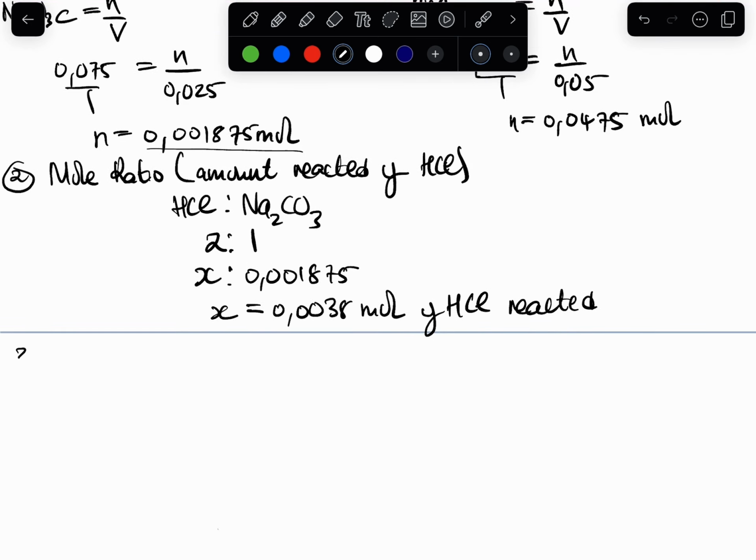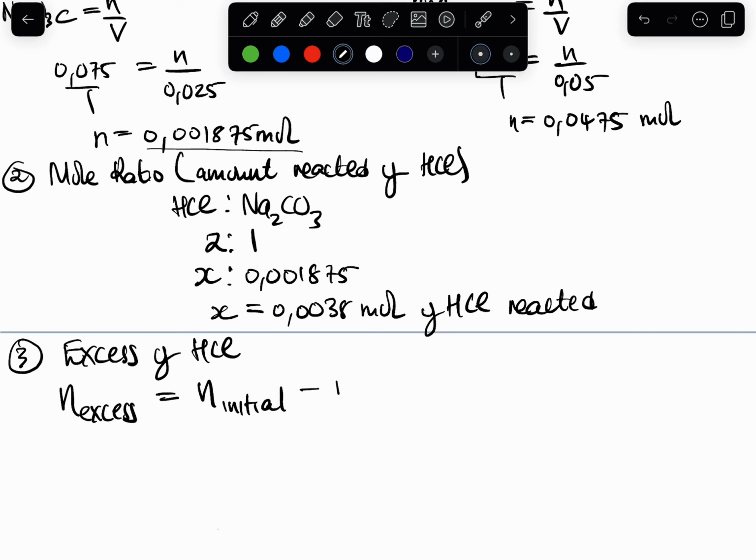Now, step number 3, we will calculate what? An excess. Excess of what? Of HCl. How do we do that? We say the number of moles of an excess is equal to the number of moles initial minus the number of moles reacted. In order to get the amount that will remain, which is an excess, you need to subtract the reacted amount from the initial.